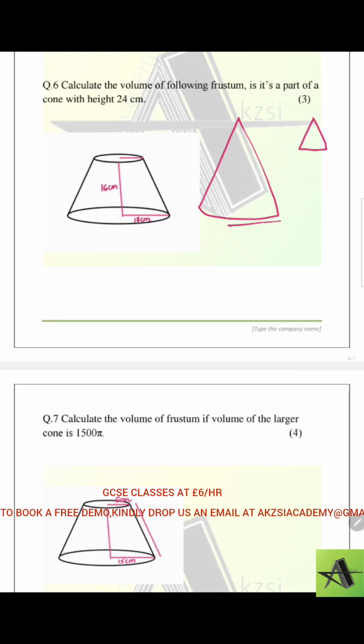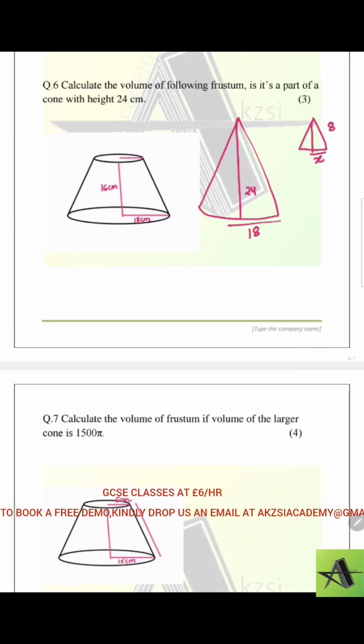The radius of the bigger cone is 18. Let's say this is x. The vertical height of the bigger cone is given as 24, and for the smaller one, if this whole is 24, this part would be 24 minus 16, which is 8. So the height of the smaller would be 8.